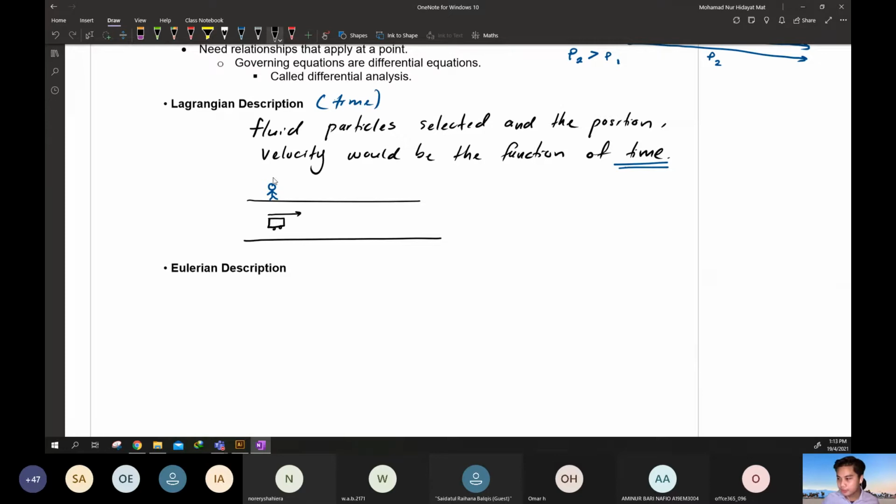So this police is actually monitoring the cars one by one. This is car A, this is car B. So basically we can say that the police monitors the cars individually.